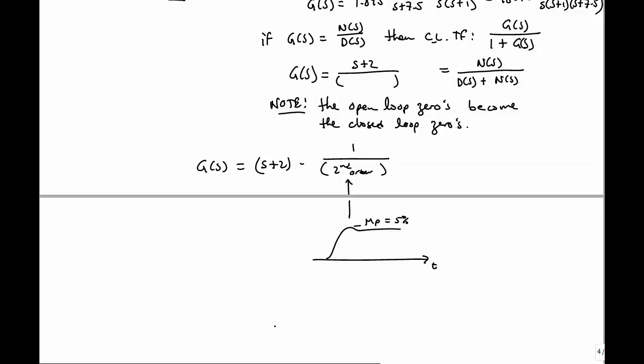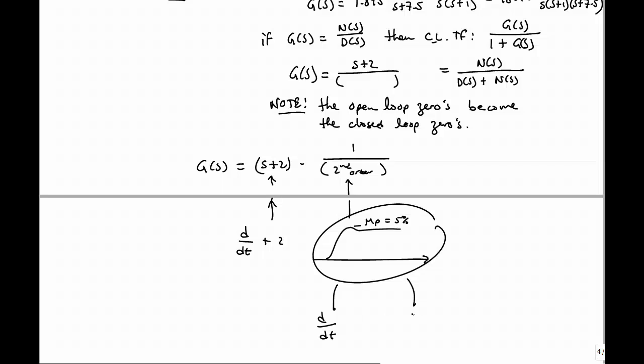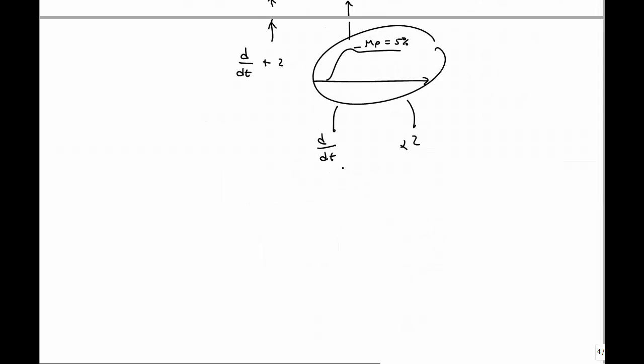as desired. When you multiply by s plus 2, what's going on in the time domain is a derivative with respect to t and then a constant term. Right? So we're taking this right here and we're going to take the derivative of it and we're going to multiply it by 2, and then we're going to put them back together again. And now we end up with something that actually has an overshoot that's higher, greater than 5%.